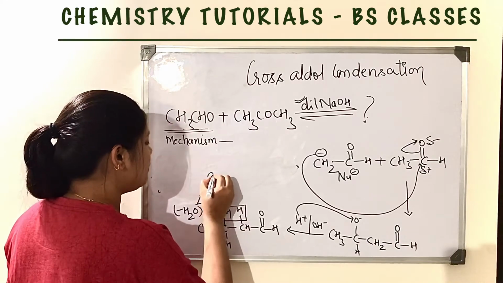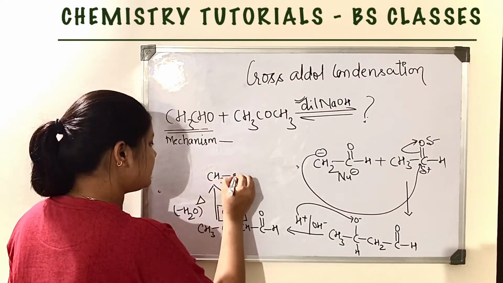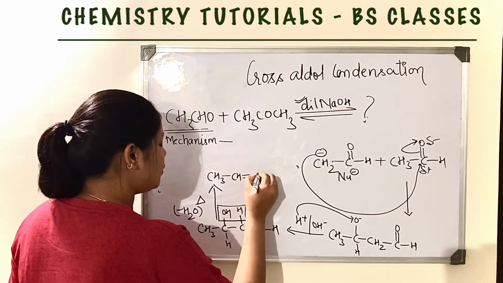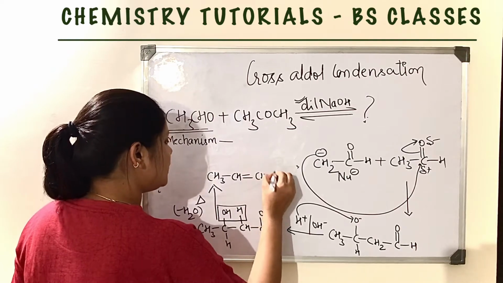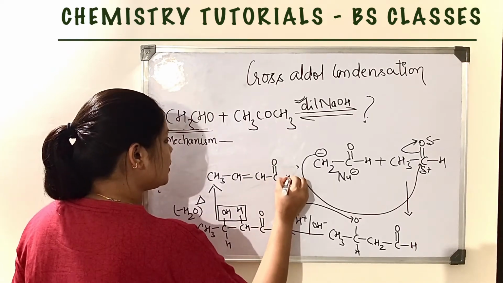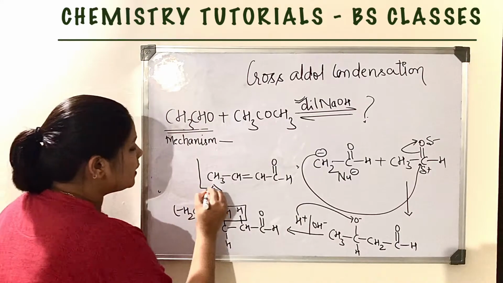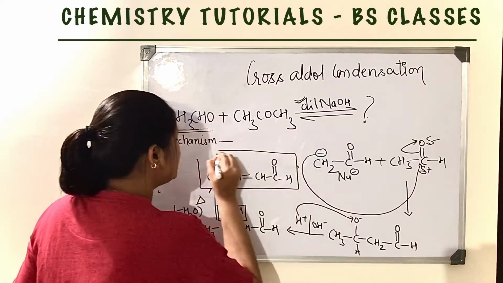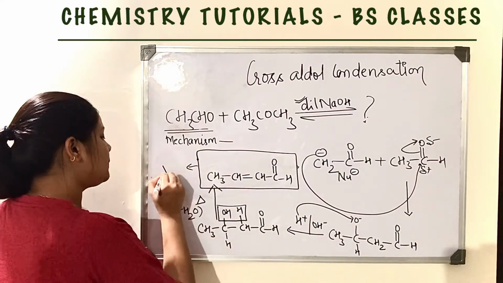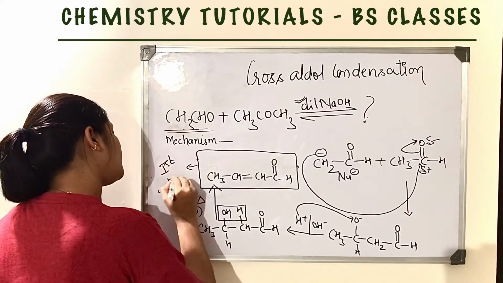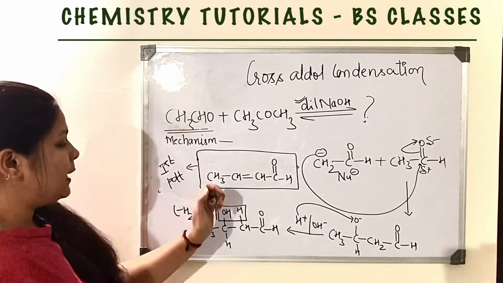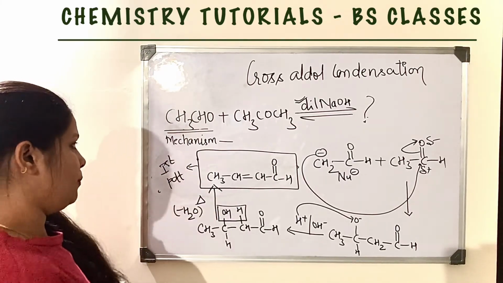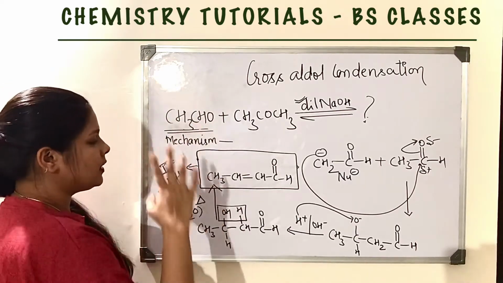Now it will form CH3 CH double bond CH C double bond OH. Now this is the first product which is formed by aldol condensation, because this aldehyde reacts with itself.